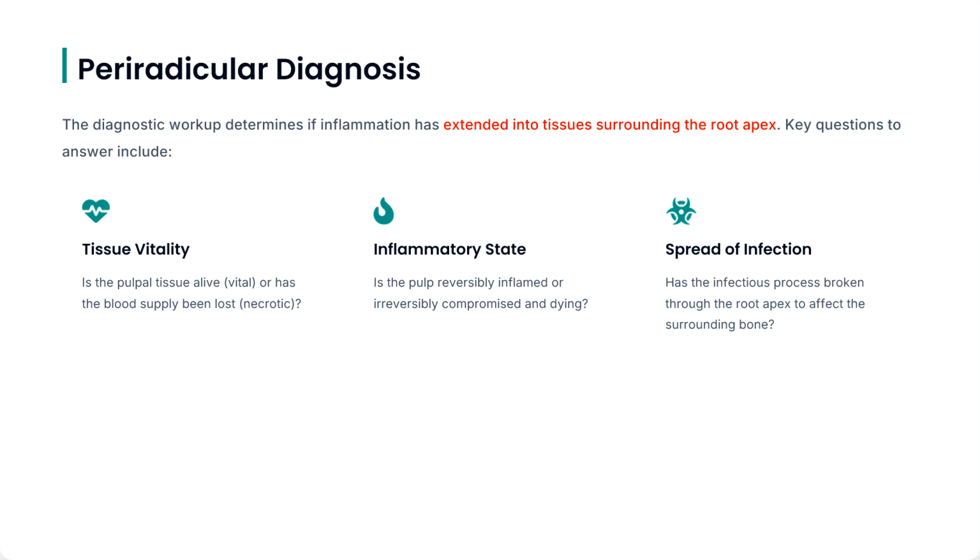Okay, so this just kind of discusses periradicular diagnosis. Again, I put up here in red that periradicular just means it extended into the tissues surrounding the root apex. But these are the three things you want to check. Is the pulp alive? So that's called pulp vitality. You're checking to see is it vital or has the blood supply been lost, meaning necrotic.